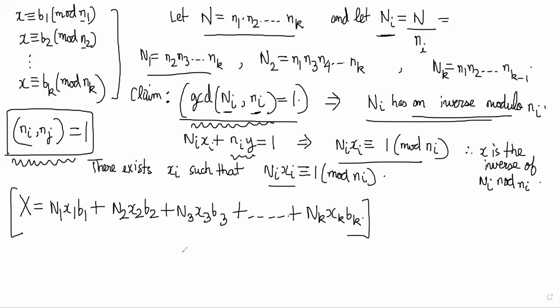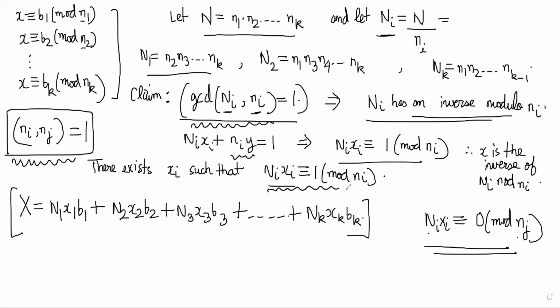One thing that I did not mention here was that Ni xi is congruent to 0 mod nj, because Ni itself has the nj term in it. Ni is a multiple of nj. Ni xi is only going to be 1 mod the same ni, same i.